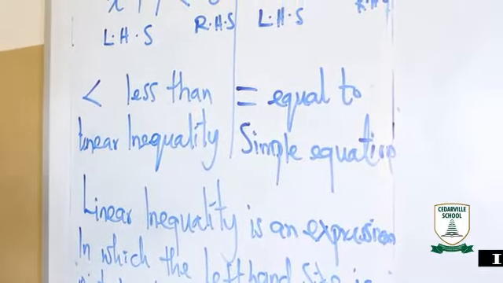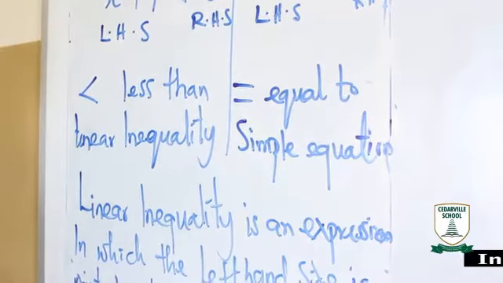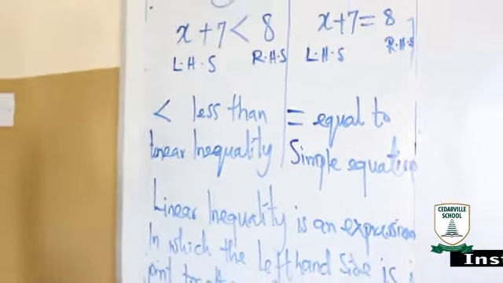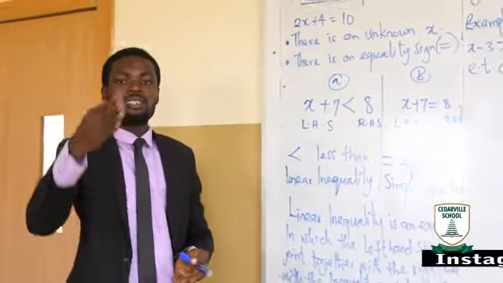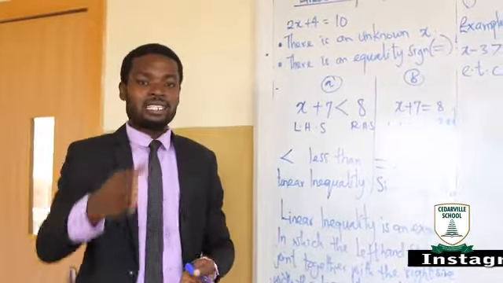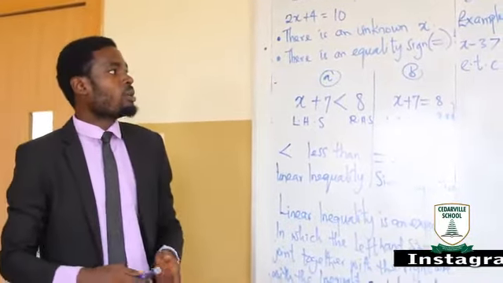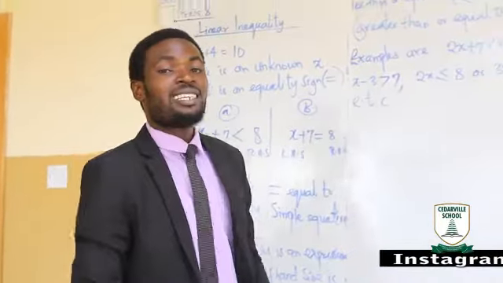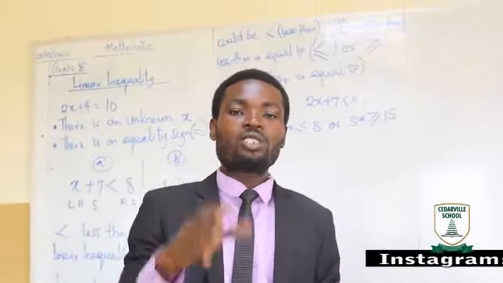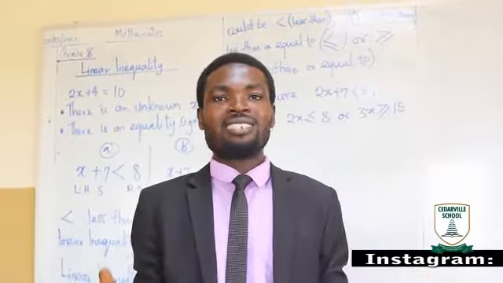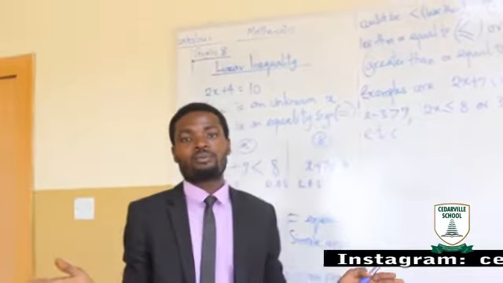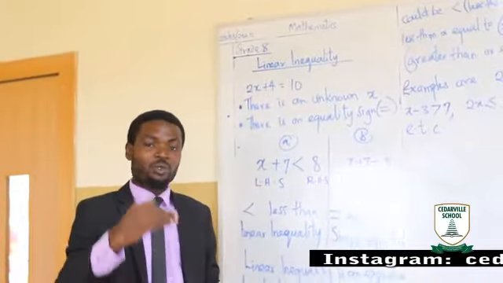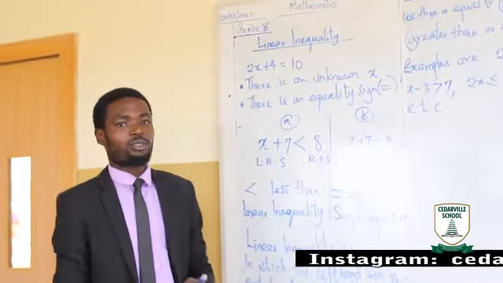Mind you, if you don't have equal to, then we have the inequality symbol, which could be less than, greater than, greater than or equals to, or less than or equals to. Now the interesting thing is that the same way we solve the linear equation, that's the same way we solve the linear inequality. The only difference is that we have to take note of the symbols.